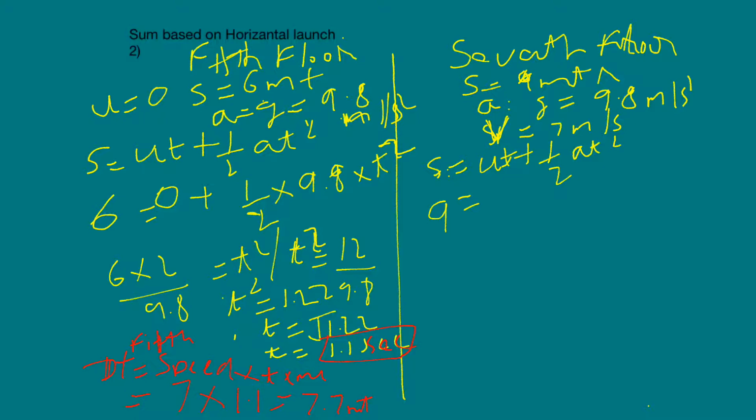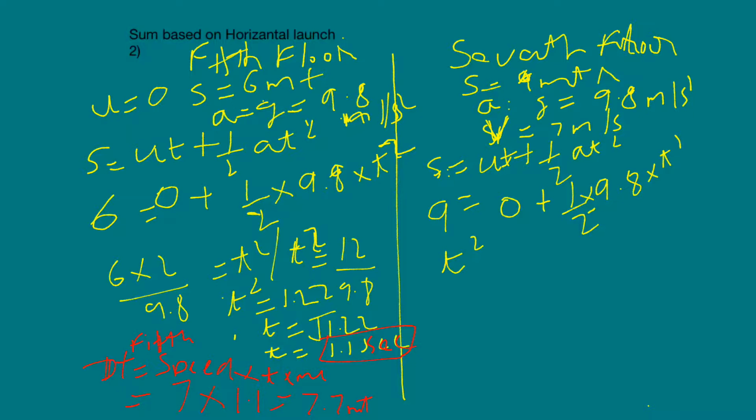So 9 equals ut, and initial velocity along the y-axis is always 0. So this whole thing will become 0 plus half, and again we use a positive because it is falling towards the earth, 9.8 into t square. So we will solve this as usual.